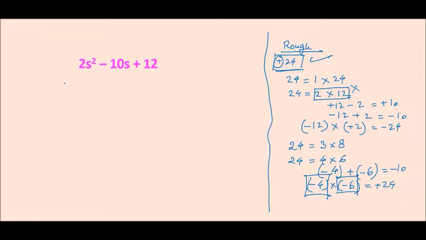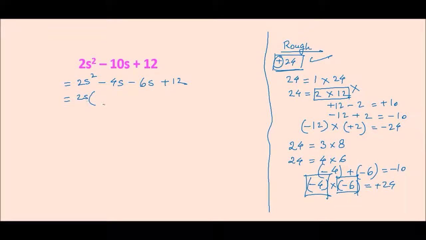So we start writing 2s square minus 4s, we can write minus 6s as the second term, plus 12. And then we will be grouping the first two terms, and the common factors are 2 and s from the first two terms.